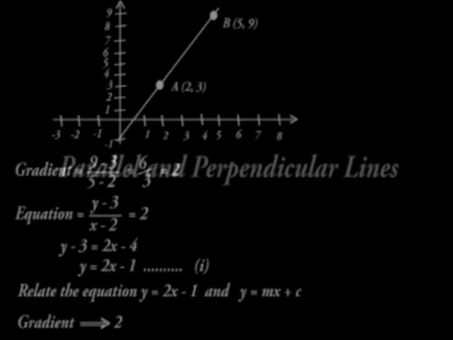Parallel and perpendicular lines. Consider the lines below. Lines PQ and RS are parallel. PQ passes through the points A (2, 1) and B (4, 2). RS passes through the points C (2, 3) and D (6, 5).